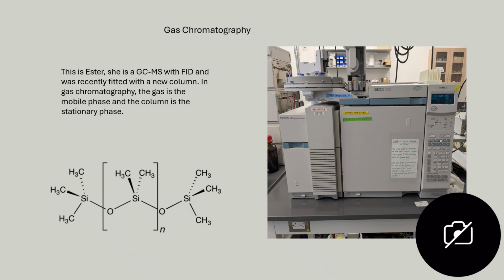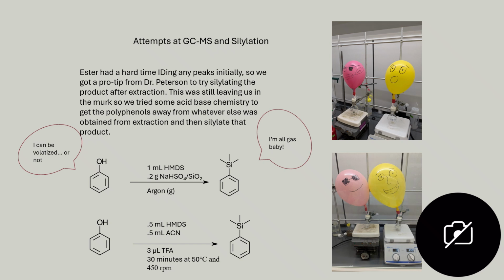It's like a fingerprint, so that's generally the compound that you're interested in. So we were using this to try to discover what exactly the polyphenols were within the rice that I was studying. Those attempts at collecting the peaks didn't work with the GCMS.